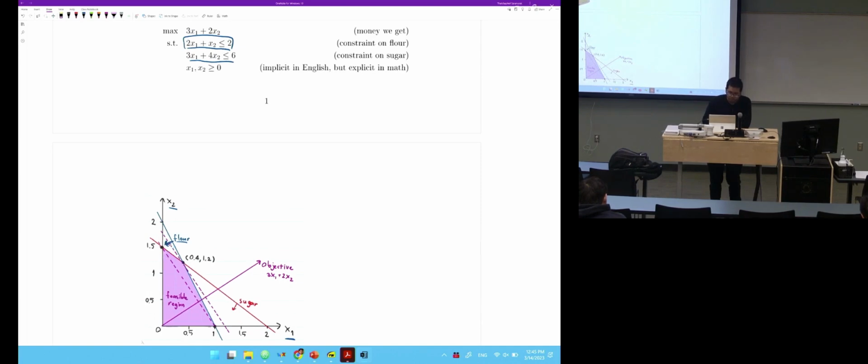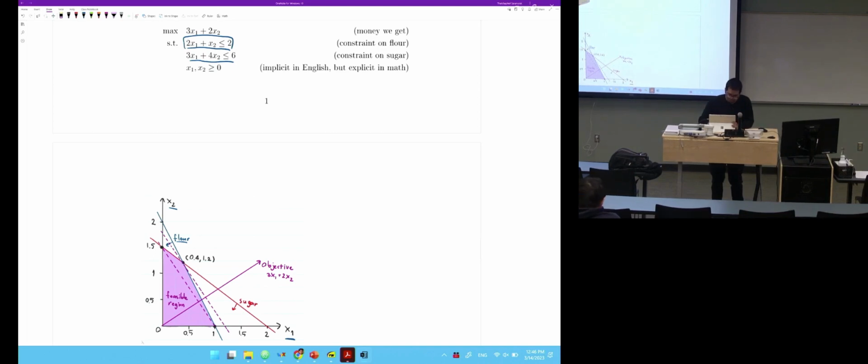And with these two constraints, it defines some feasible region, this purple region, which is any point where you can produce your cake and cookie with respect to your budget. So as long as you are in the purple region, you have enough budget.